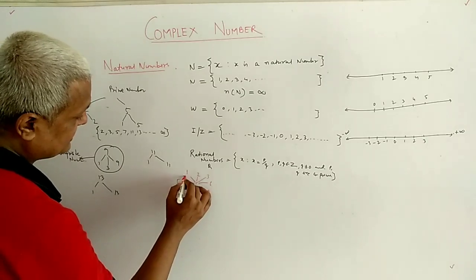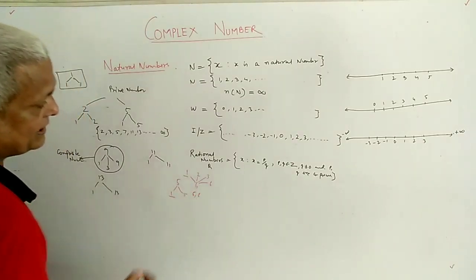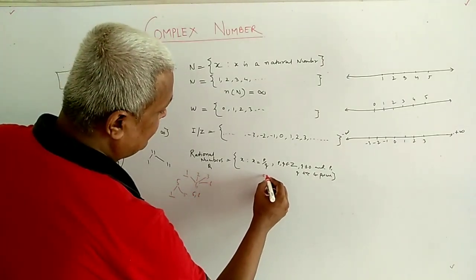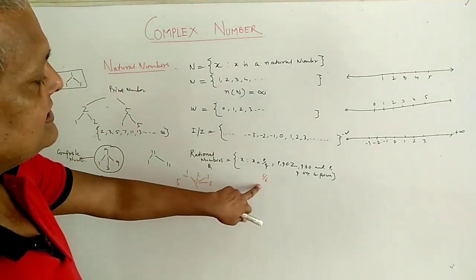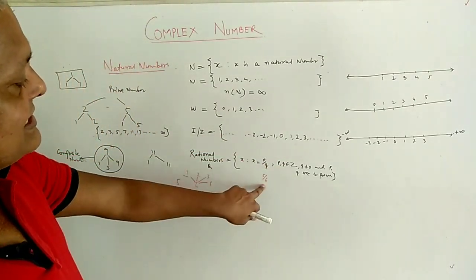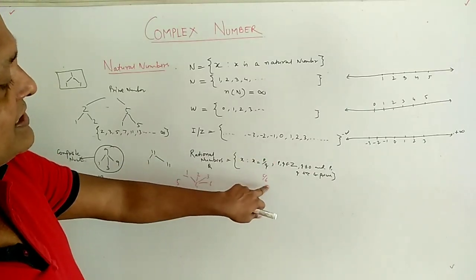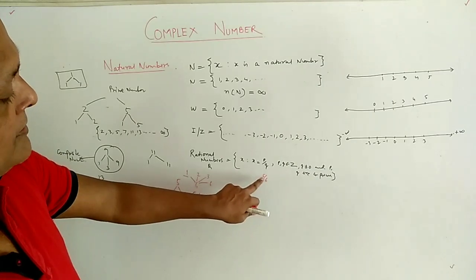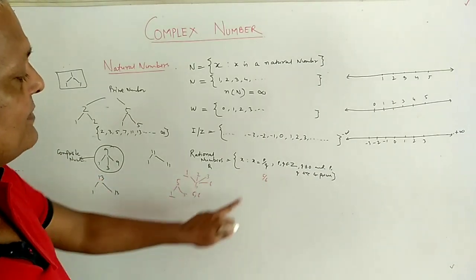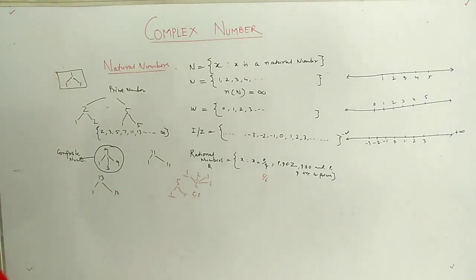So 5 and 6 can be called co-primes. Here 5 is an integer, 6 is also an integer, and 6 is not 0, and you find that 5 and 6 are co-primes, so this number is called a rational number.